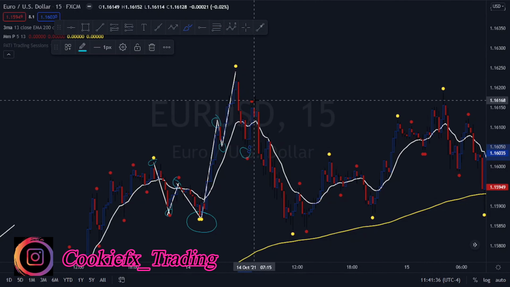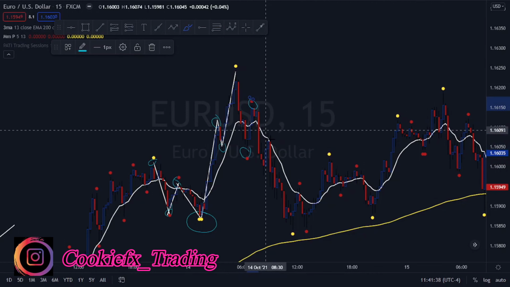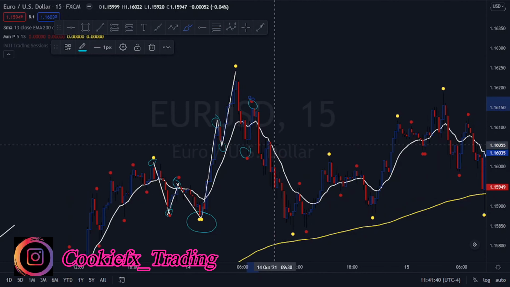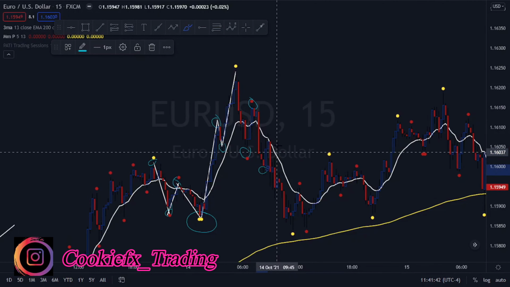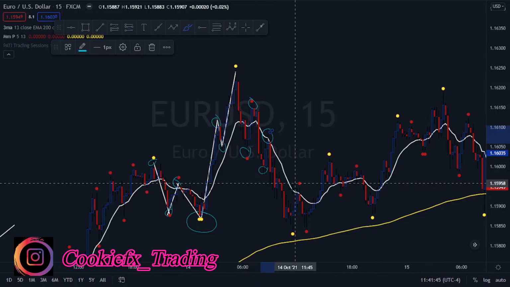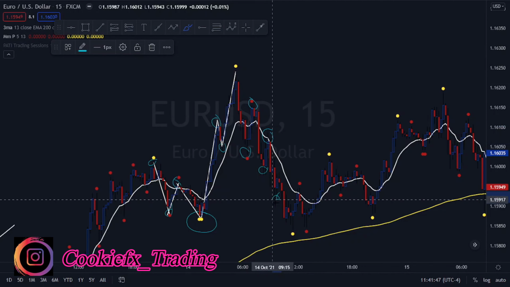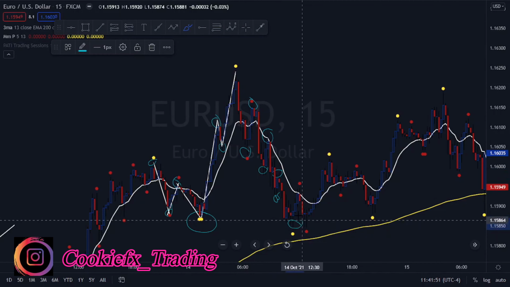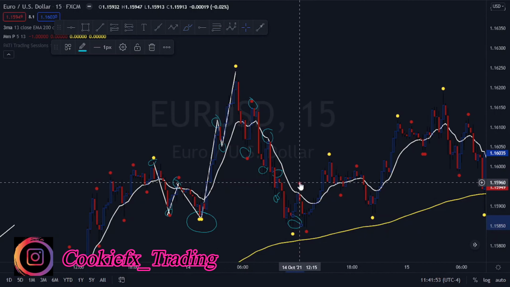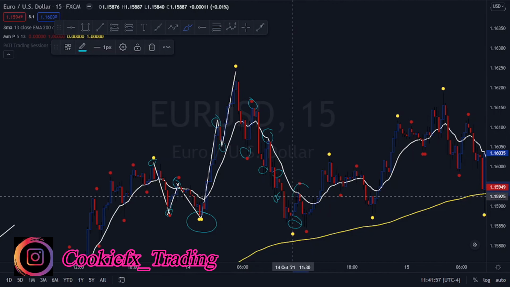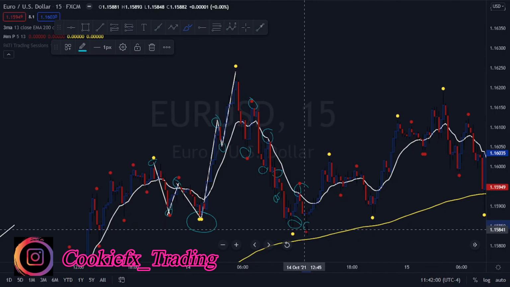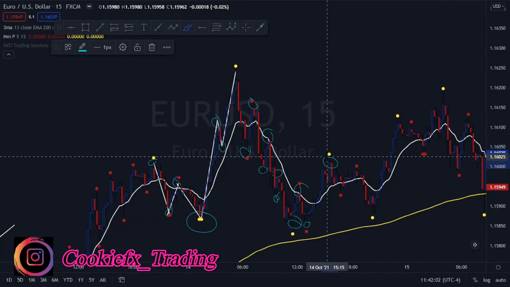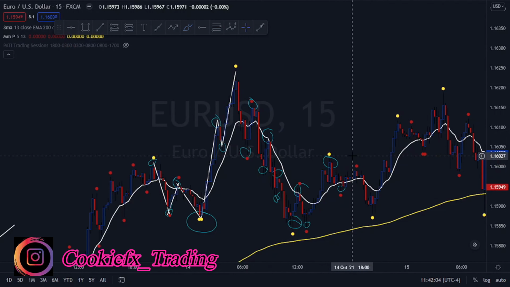A lower low, lower high, lower low, lower high, lower low, and then it breaks out and it creates a higher high, higher low, higher high, higher low, and so forth.